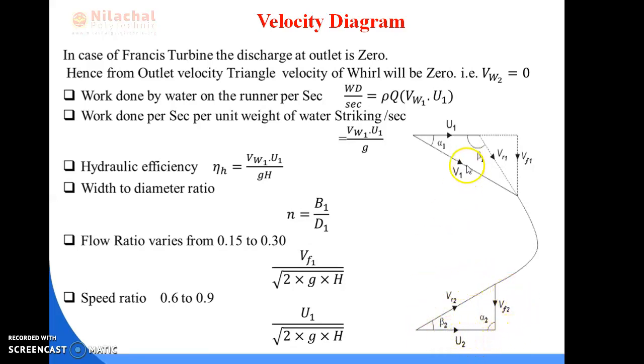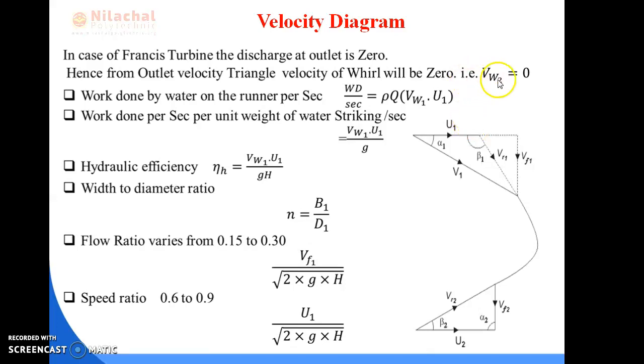So now from the inlet velocity triangle and outlet velocity triangle, it is confirmed that at the outlet there is no horizontal component of V2, hence VW2 is equal to 0. And we can find out that work done is equal to rho Q (VW1 U1 + VW2 U2).